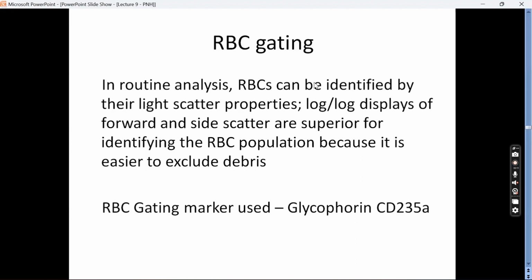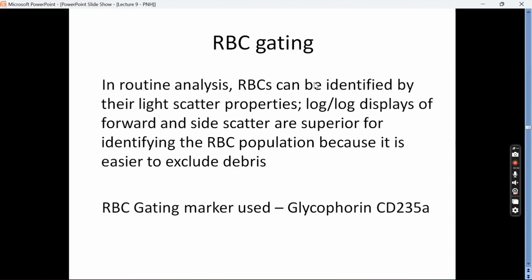Like selecting the population or area of interest, like CD45 versus side scatter, then selecting the CD45 negative region and putting it in the next plot. Perfect. So a gating marker is a marker which helps you isolate a population of interest for further analysis.